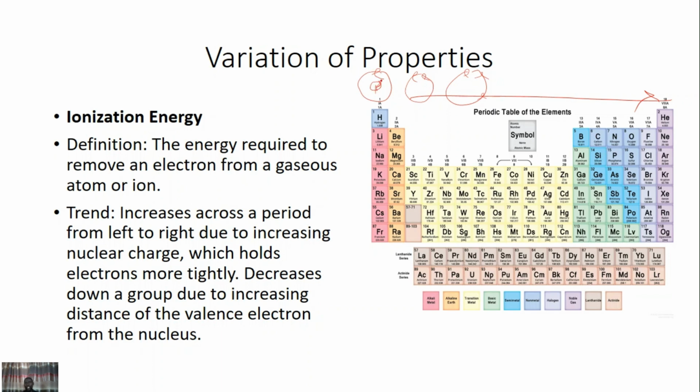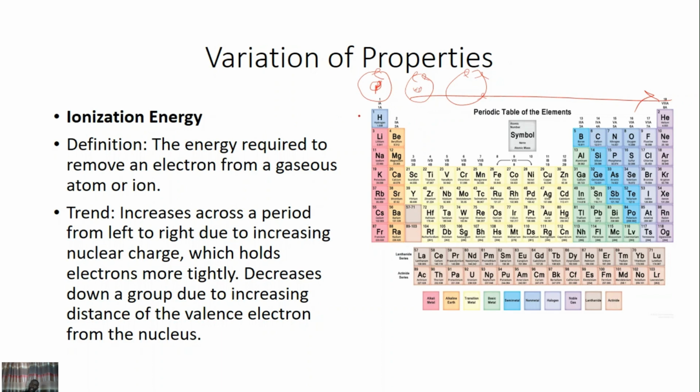So as the charges increase, the strength of the electrostatic force between the proton and electron that keeps the electron moving around the nucleus in an orbit increases. Here there is one proton, one electron. Here there are two protons and two electrons. So the strength of the force increases, so you require more energy. So the ionization energy increases across the period.